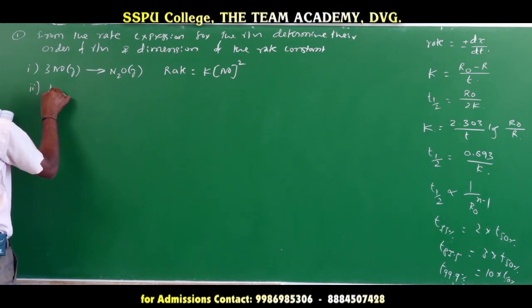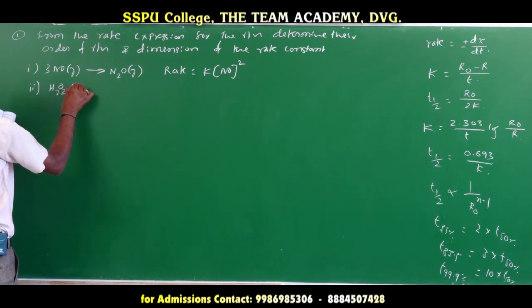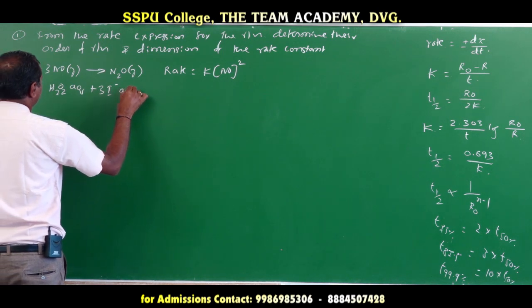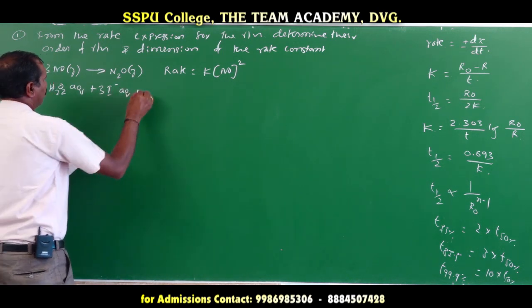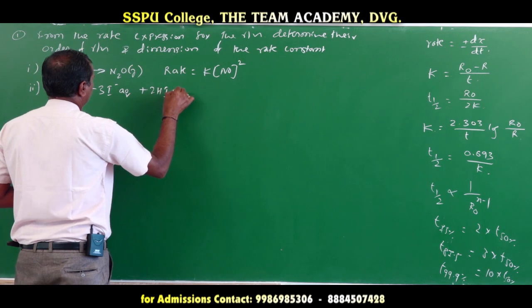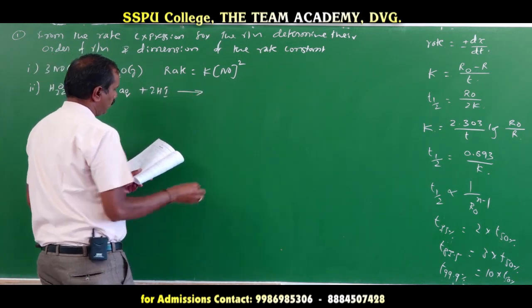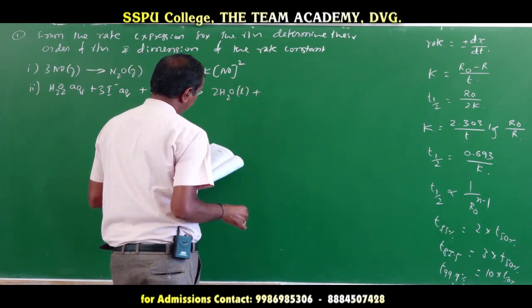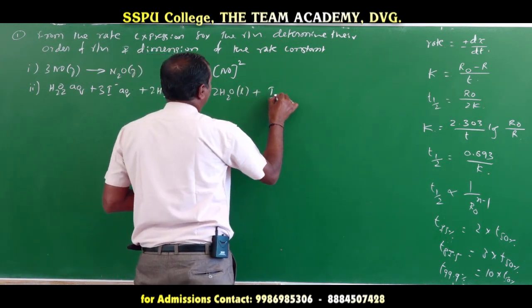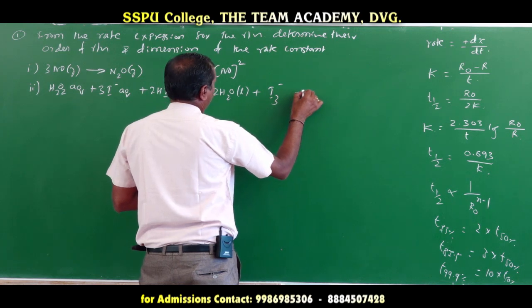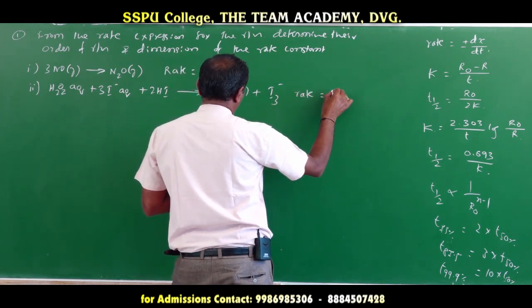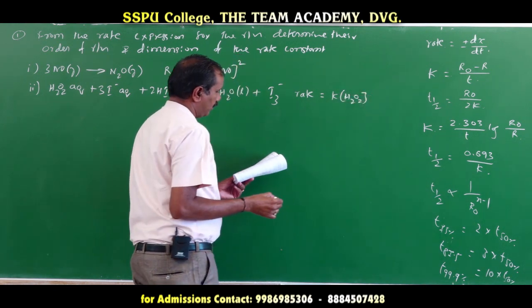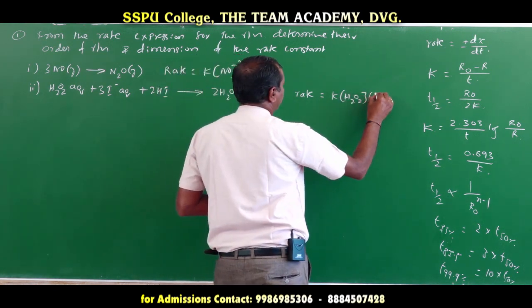Second one: H2O2 aqueous plus 3I minus aqueous plus 2H plus gives 2H2O liquid plus I3 minus, where rate equals K into H2O2 and I minus.